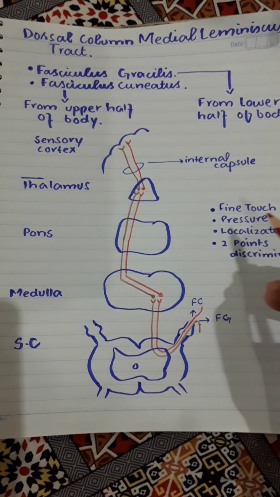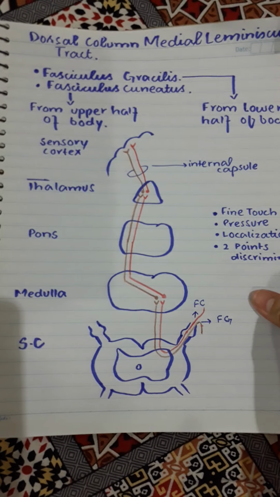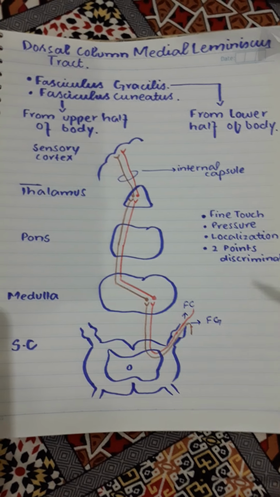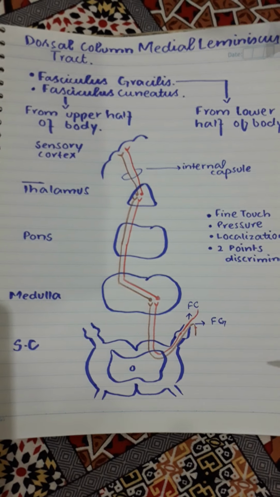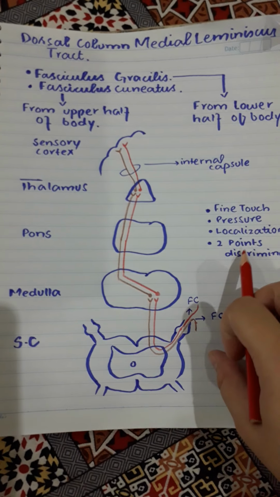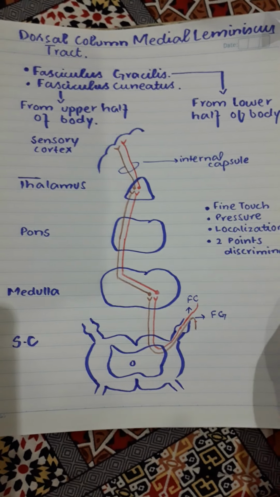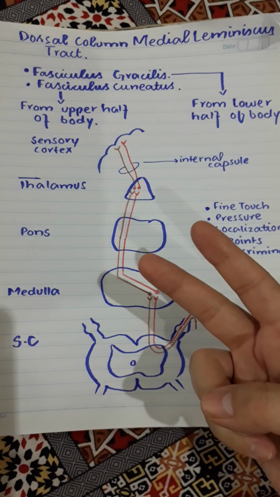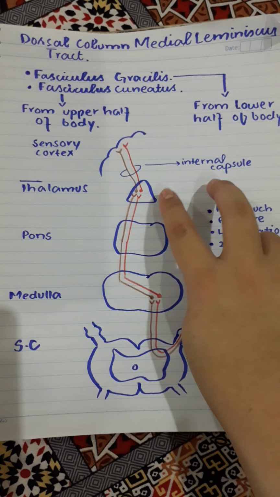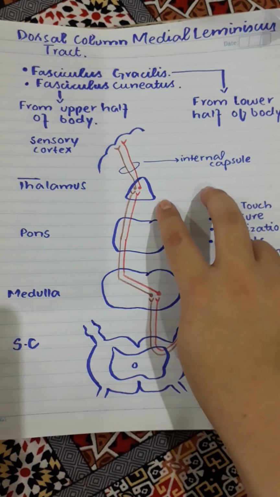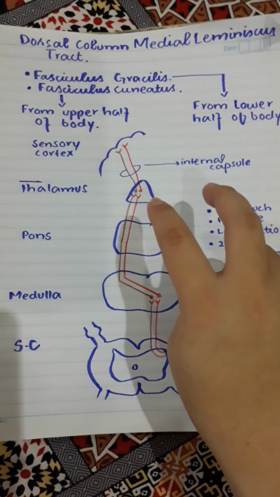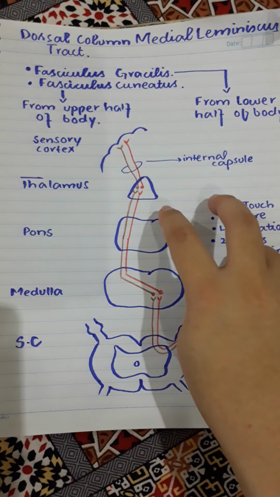And the pressure and the localization means a person can clearly identify in which region of his back an ant runs. And two-point discrimination is, for example, if two points, like the index and the middle finger, are placed on some part of the body, the person can clearly identify that these are the two fingers which are touched in this region of the body.